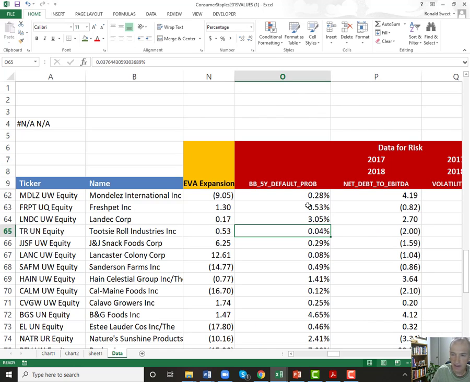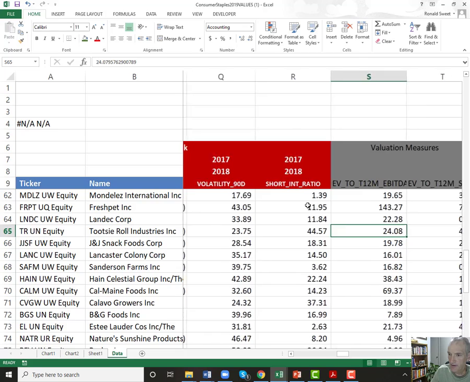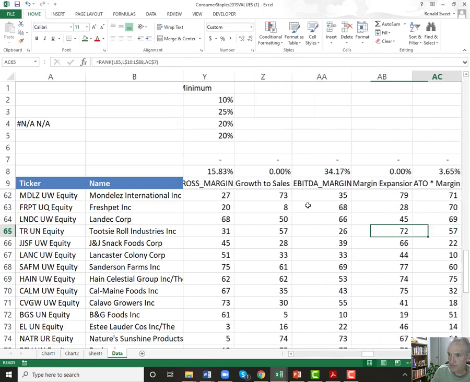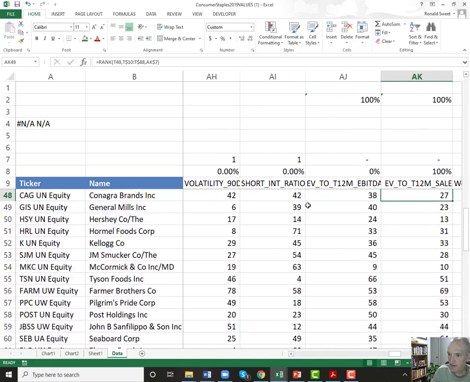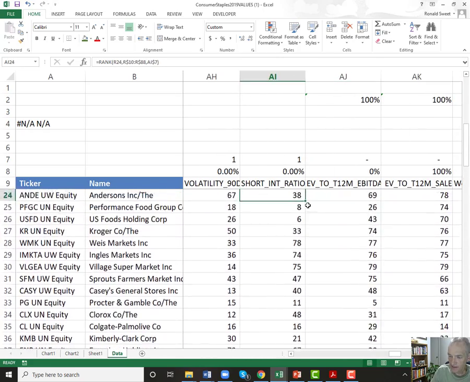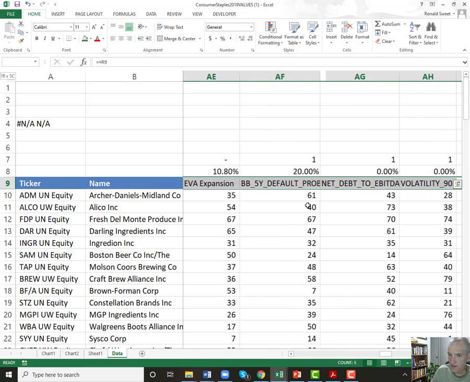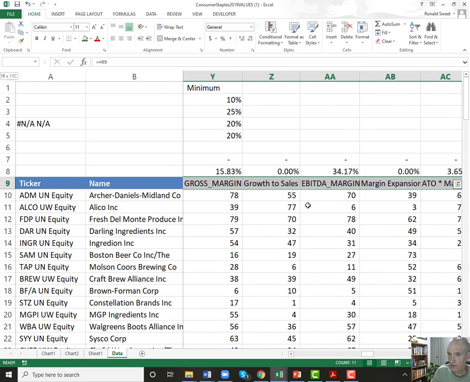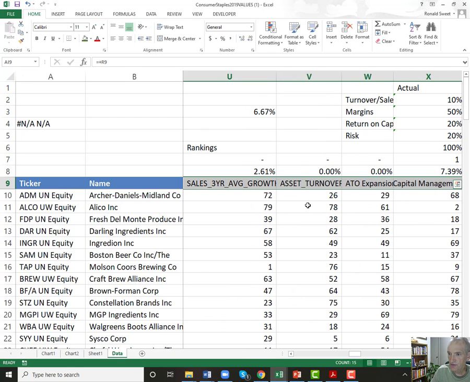I don't know much about that firm, but for some reason their default probability is really, really low. So we rank them all the way through, and so we've got 15 items to rank them against. Here's 4 risk numbers, 3 related to return on capital, 4 items related to margin, and the rest related to turnover and sales growth.